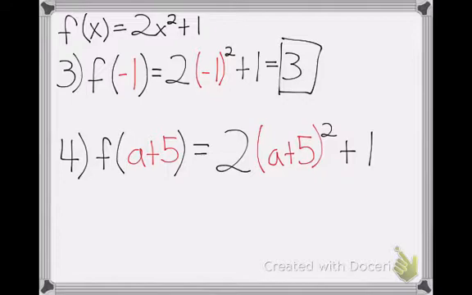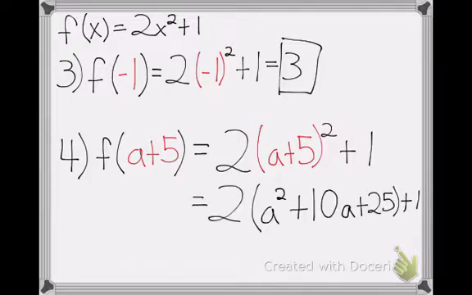Now, for part 4, we're plugging in the entire quantity a plus 5 in for x. Once again, I've been careful to plug it in inside parentheses. So what we end up with is 2 times the quantity a plus 5 squared, plus 1. Now you'll notice here that a plus 5 quantity squared is not a squared plus 25.